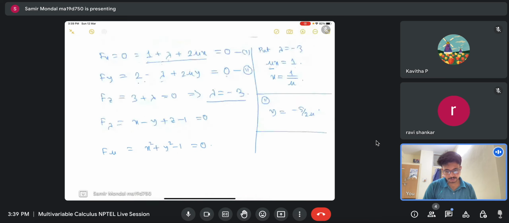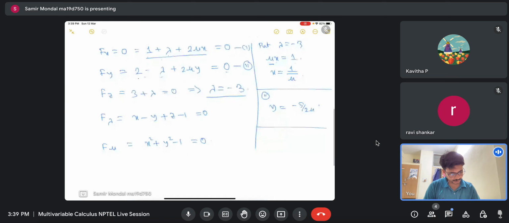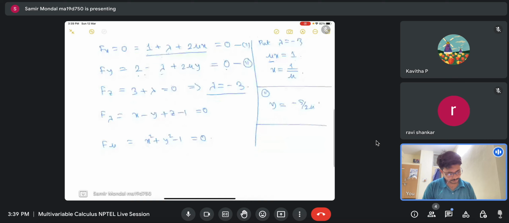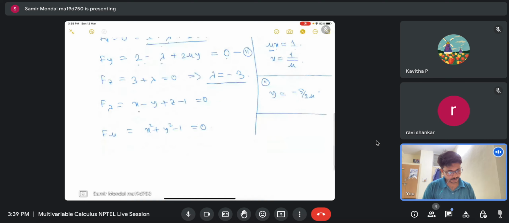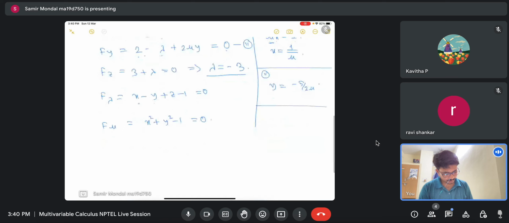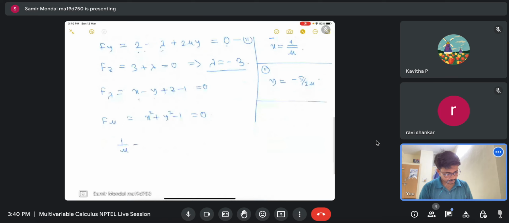Lambda we already got. Now we need the value of z. Then put the value of x and y here. If you put the value of x, 1 by mu minus 5 by 2 mu plus z equal to 1.